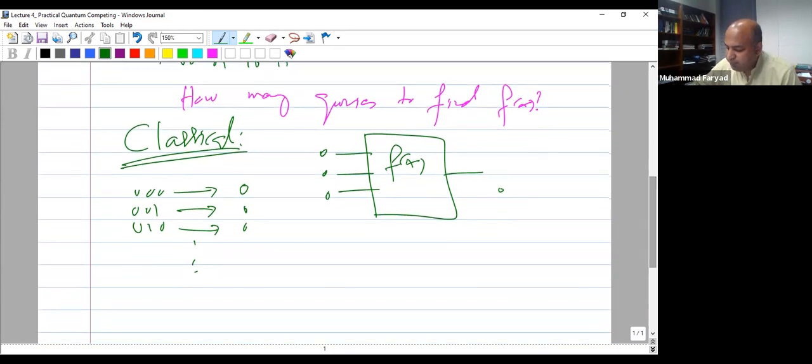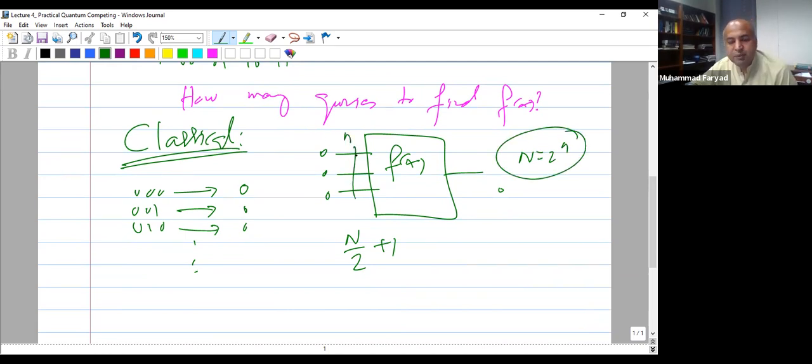But we will have to make at least N by 2 plus 1 queries, where N is 2 power n, and n is the number of bits used for input. So the total possible combinations for input are 2 power n. It means we have to give at least N by 2 plus 1 queries to this black box to be able to say whether it is a balanced or a constant function.